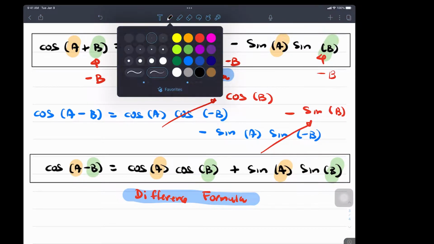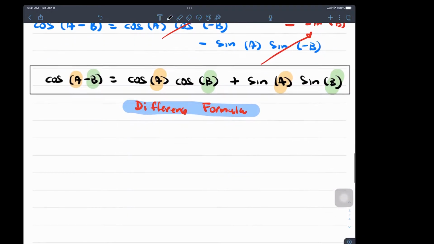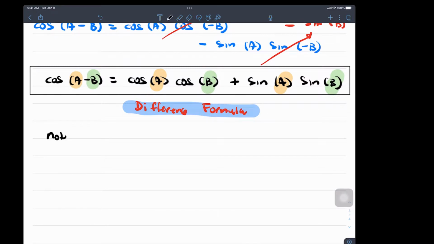Okay, you guys okay with that? Pretty good. Now, I just want you guys to notice something here. I'm not going to go through that derivation, though.